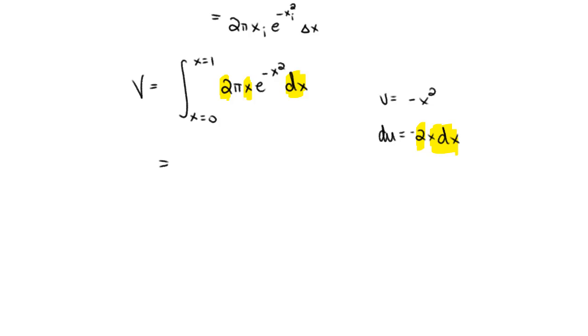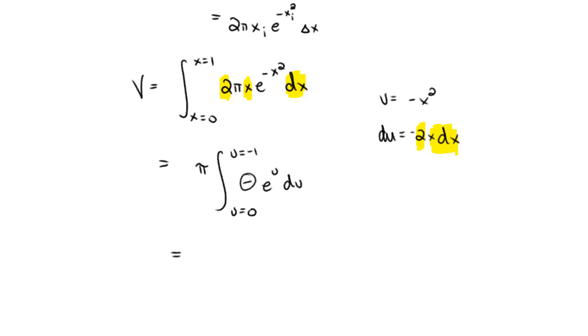So I'll just do this. When x is 0, u is 0. When x is 1, u is negative 1. And, sorry, I wrote my negative twice there.